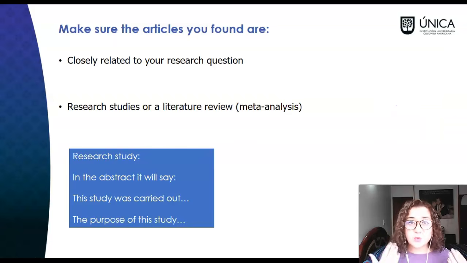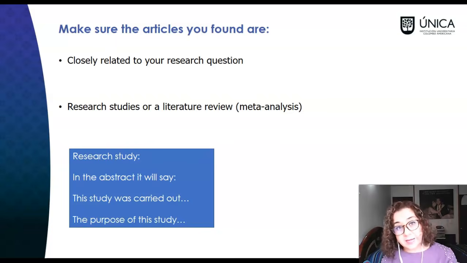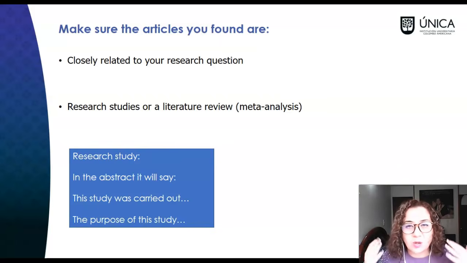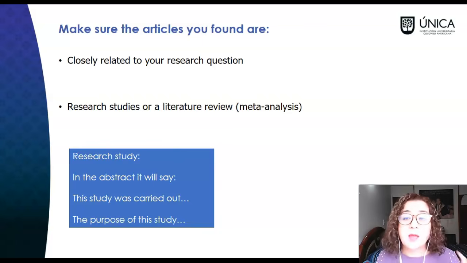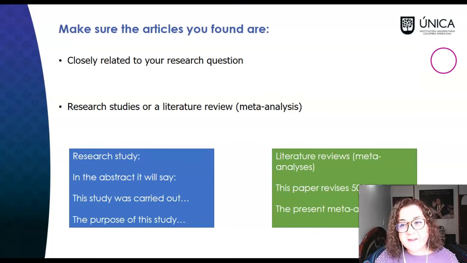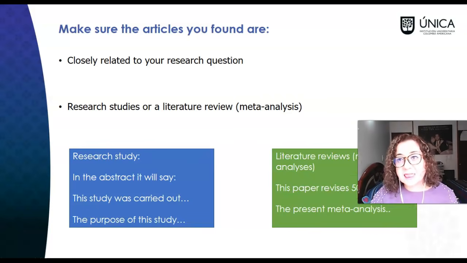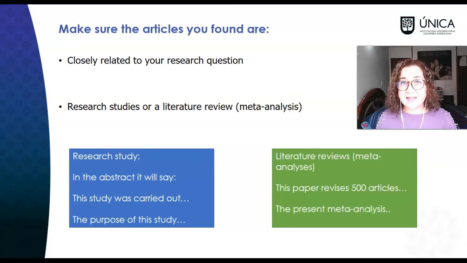A research study will tell you in the abstract, this study was carried out, or the purpose of the study was; you will read the word study or research or project. For that reason, for example, master's thesis, doctoral thesis, and undergraduate thesis are also part of your literature review.